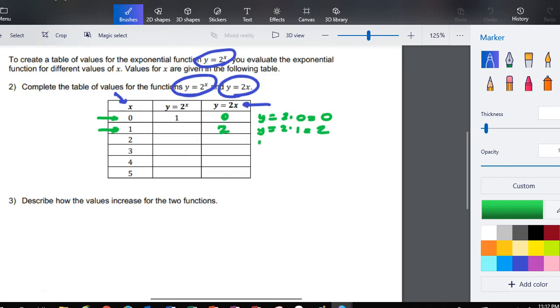And I'm going to keep going down the page. So now we have completed the table for y equals 2x. And I'll remind you, it's x to the 1.